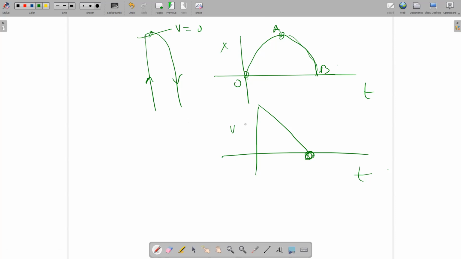Increasing. Okay, it is increasing, but in the negative direction. So the line will be like this. From A to B, the line will be this one.